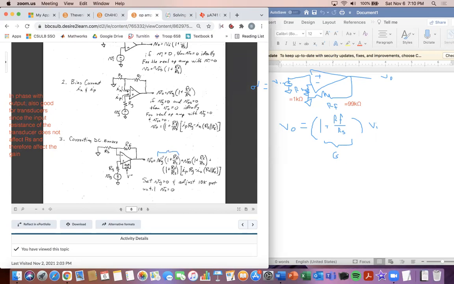So your input voltage times the 1 plus RF over RS, the gain. So this is just the normal non-inverting amp. And then what happens here is we have an offset voltage. And an offset voltage, what this does is you have to take that into account because some chips are not exact, you can have some noise coming in and that can mess up your voltage signal.